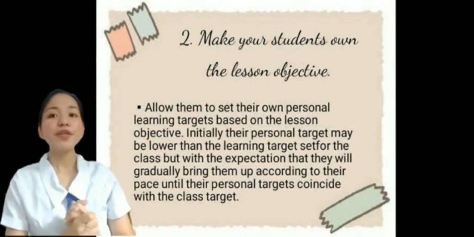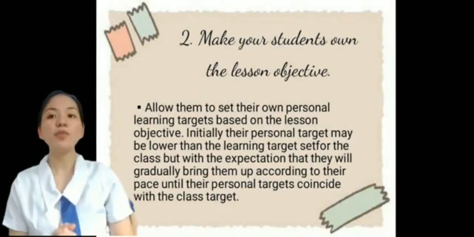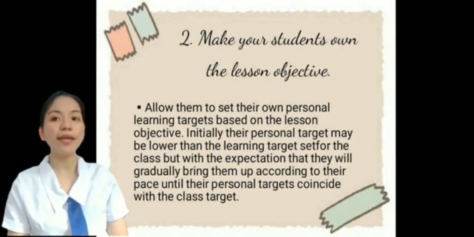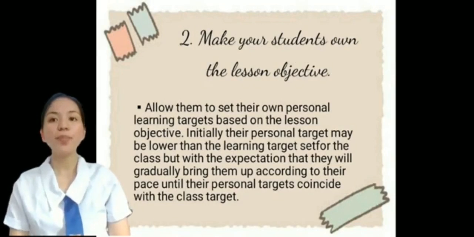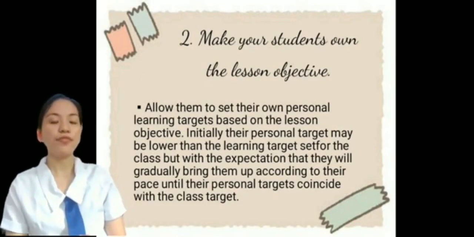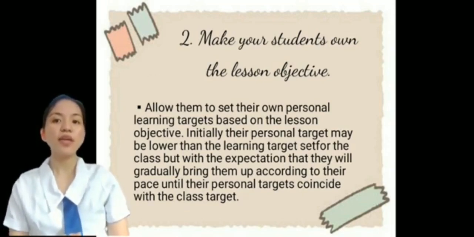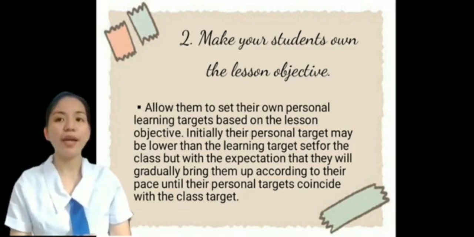Second, make your students own the lesson objective. So allow them to set their own personal learning targets based on the lesson objective. Initially, their personal target may be lower than the learning target set for the class, but with the expectation they will gradually bring them up according to their pace until their personal targets coincide with the class target.